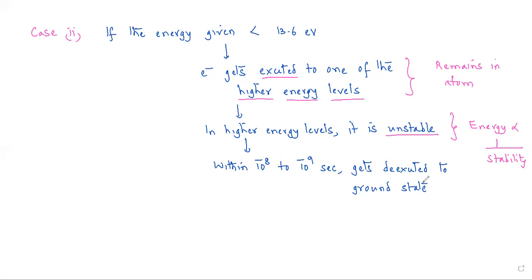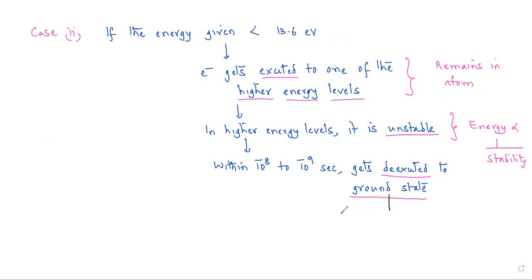Just like we human beings get angry over things, but this remains for a shorter duration. Of course, we cool down or we calm down and we become normal. The same way, even the electrons get excited when energy is given to them in the form of photon. But in higher energy levels, they are highly unstable. So they simply get de-excited to ground state. But here again, there are two cases.